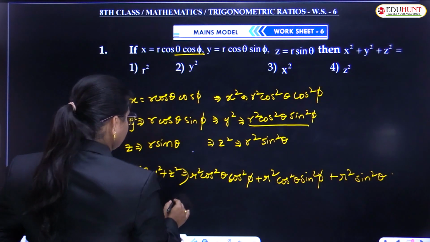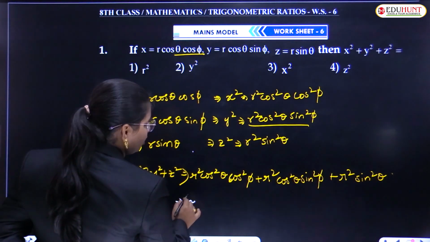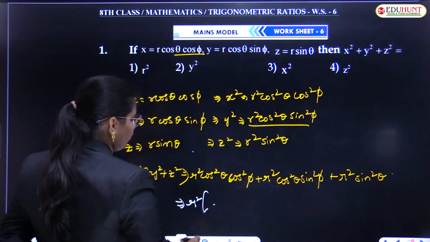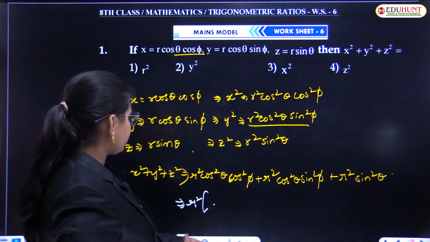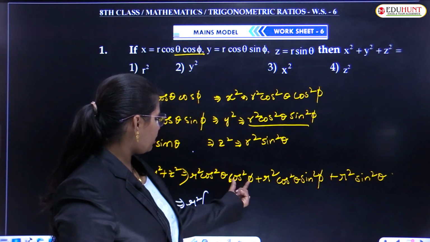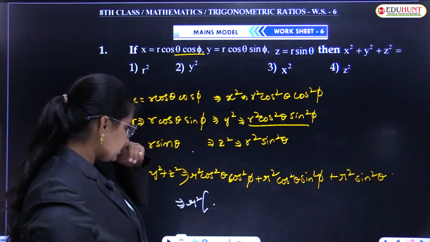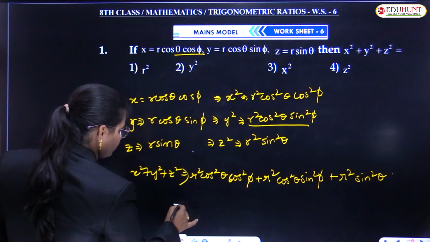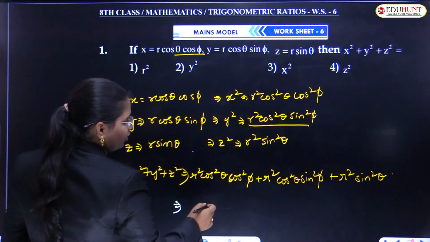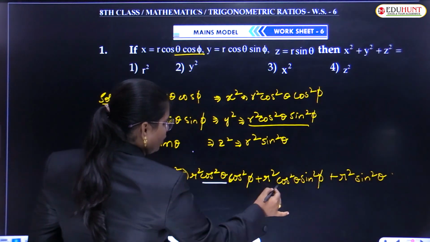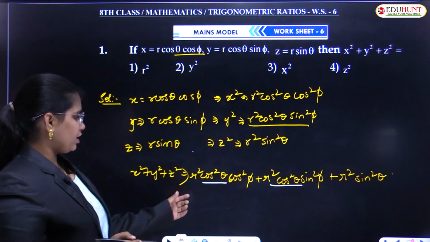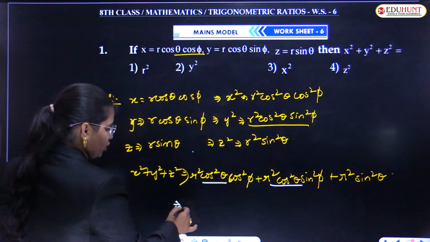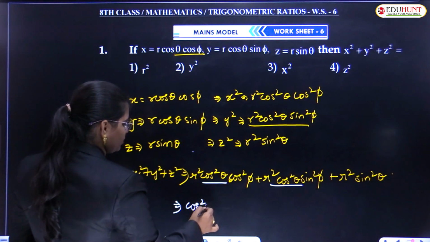First we can take cos square theta as common from the first two terms. Can you observe cos square theta is common? Yes.